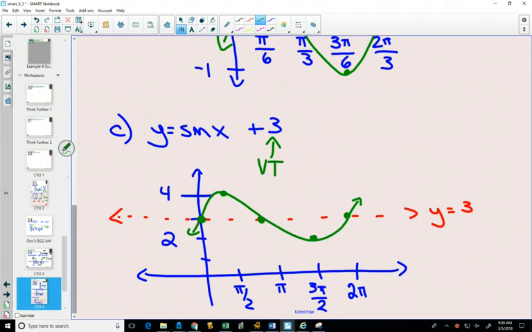With shifting it up and down, the key thing that we're going to see here is our center line moves. And when our center line moves, we can use our amplitude, our A value, to figure out our new maximum and new minimum. And this is going to help us develop a shortcut for graphing sine and cosine graphs. Okay, the ones I'd like you to do for practice right now are 6 and 7.